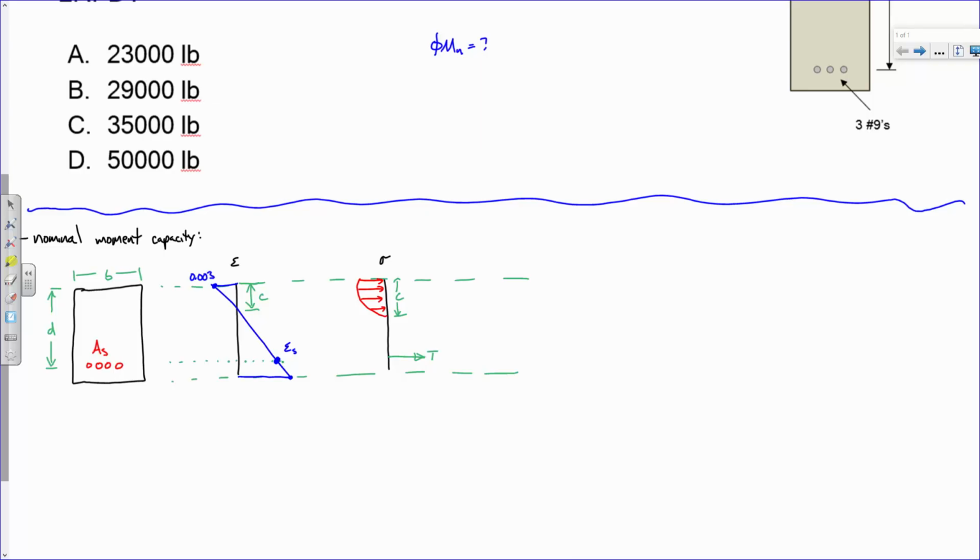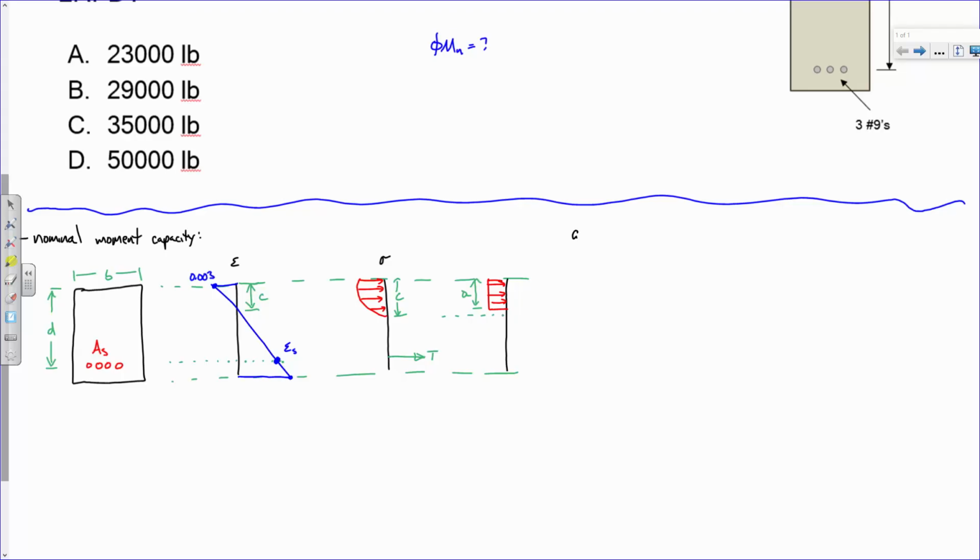Okay, so if that dimension is c, and I've got this nonlinear stress-strain curve, I'm an engineer, I don't like dealing with calculus, I don't like dealing with nonlinear, so I'm going to idealize it as a stress block that is a deep. So remember, a is the depth of the stress block, and that depth is different than the depth to the neutral axis.